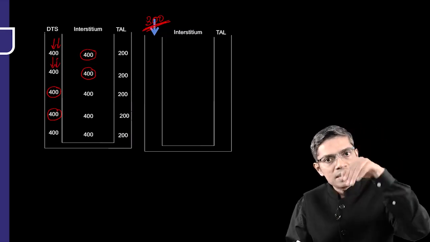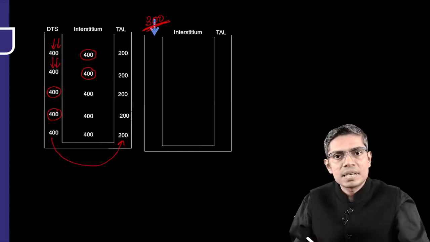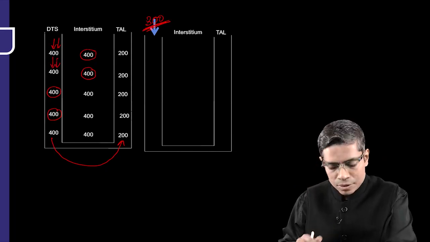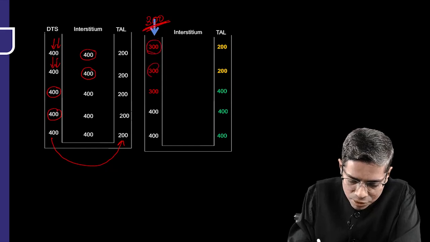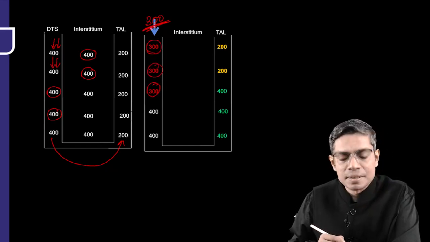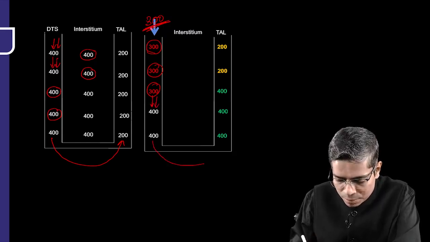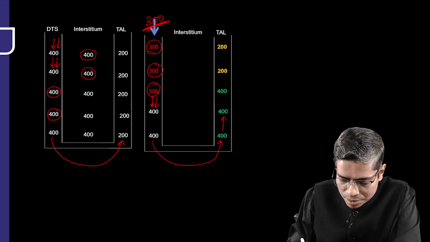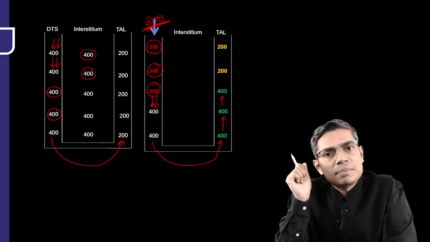So this 400 will move to the opposite side, that is the TAL region. Now look at this number: the 300 means fresh solution from the PCT is reaching here, and it has pushed the 400 which was already there, so this 400 is now reaching the level of the TAL.